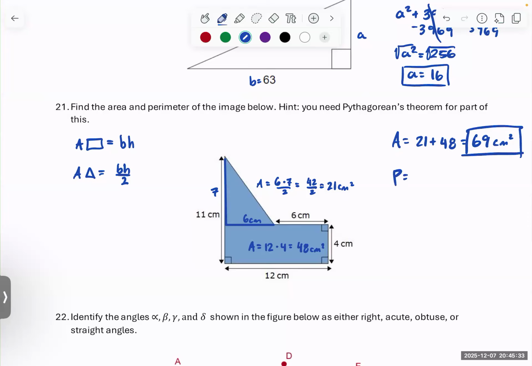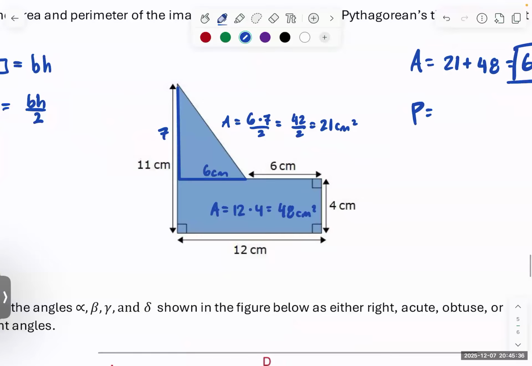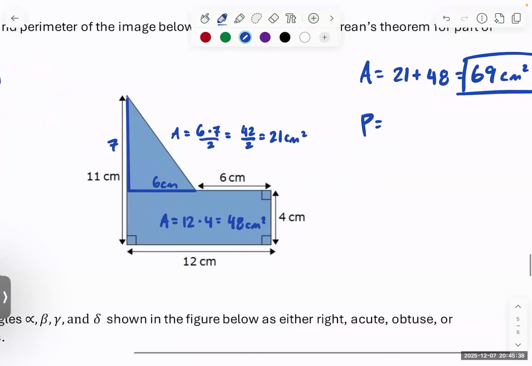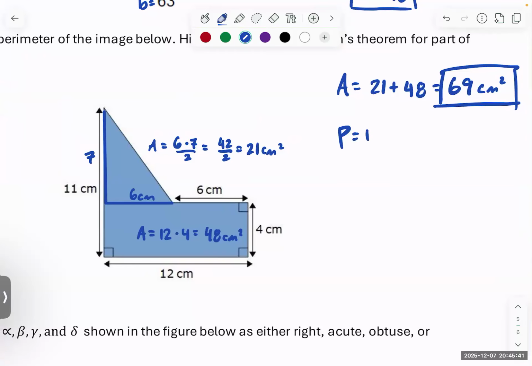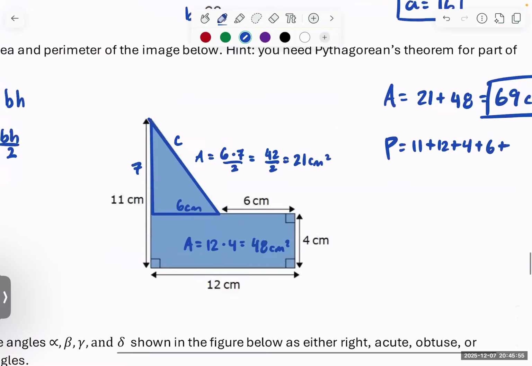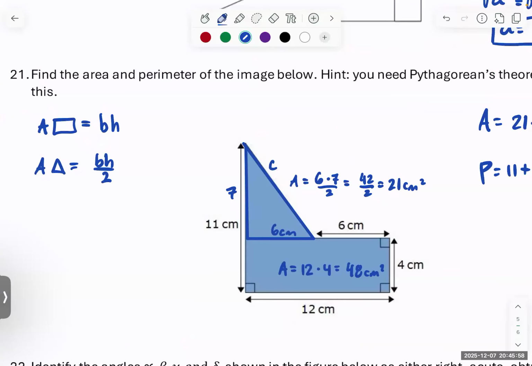And the perimeter, well, the perimeter is the sum of all the edges. In this case, it's 11 plus 12 plus 4 plus 6 plus, and how do we find this length here? Represent that with c. So we have a squared plus b squared equals c squared. So 7 squared plus 6 squared equals c squared. This is 49 plus 36 equals c squared.